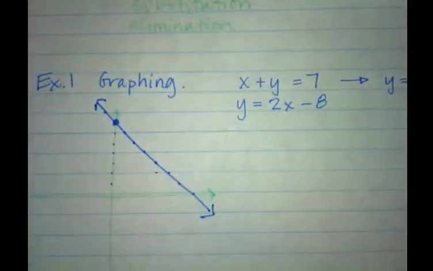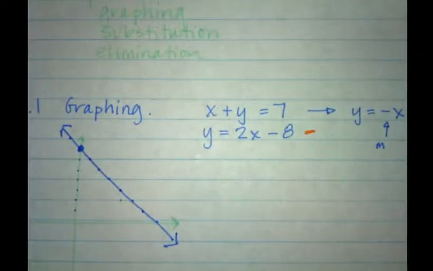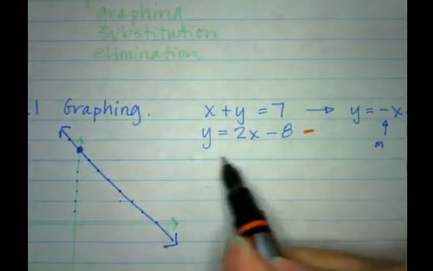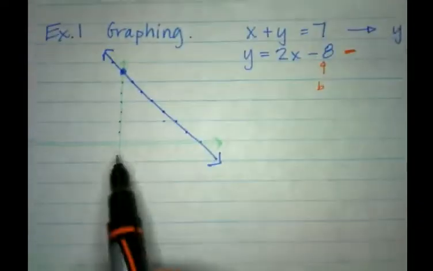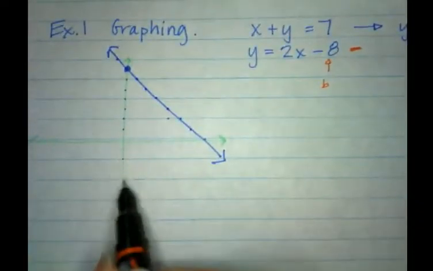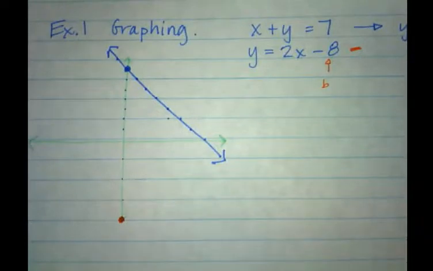All right, now I'm going to graph this one in orange. So I don't need to rewrite this one. This is already y equals mx plus b. So I'm going to start right here with the b, and this one is at negative 8. So if I say 2, 4, 6, 8, I'm going to start down here.